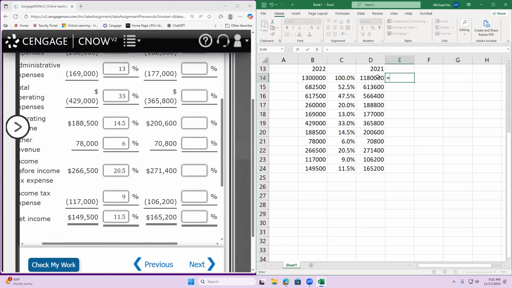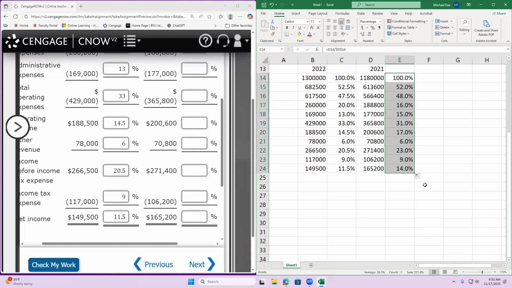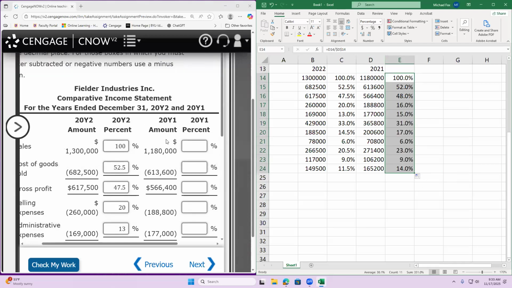I'll say this top one is D14 divided by D14. But for the denominator, I'll put dollar signs on either side of the D to say, keep looking at cell D14 for the denominator, but adjust the cell reference for the others as I fill. And there we go. I've got my percentages.